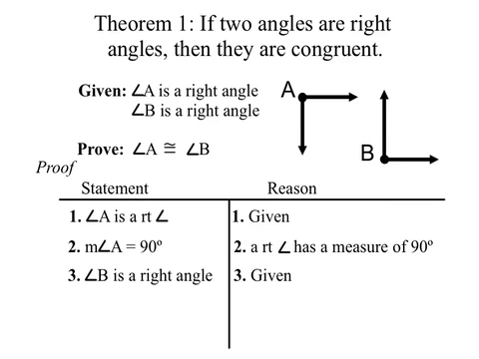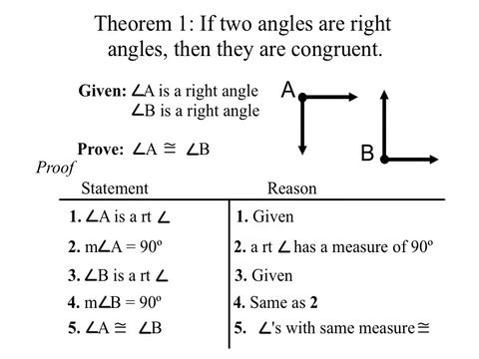Angle B is a right angle, and the reason for that is it's given. And then for number 4, the measure of angle B is also 90 degrees, and of course that's the same reason as the one given in step 2. A right angle has a measure of 90 degrees. And since both angle A and angle B measure 90 degrees, we can say that they're congruent in step 5 because angles with the same measure are congruent.